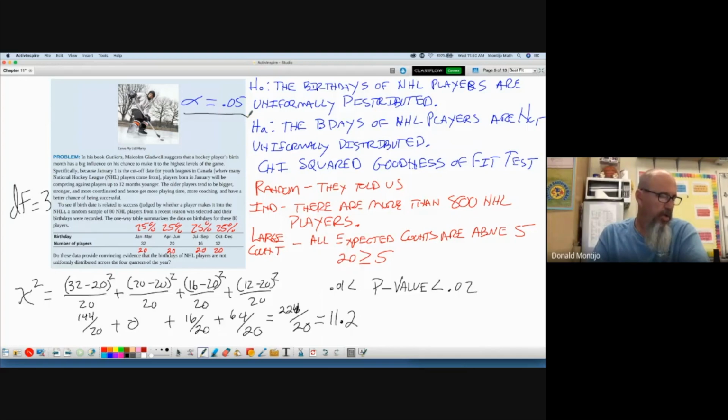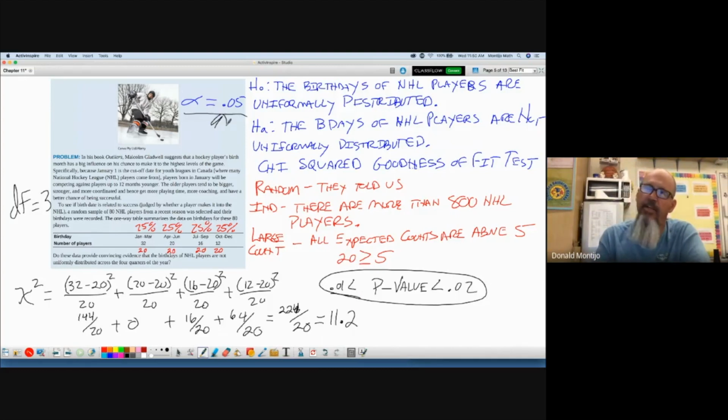So what do we conclude? We have convincing evidence that the birthdays of NHL players are not uniformly distributed because our p-value here is smaller than our alpha level.